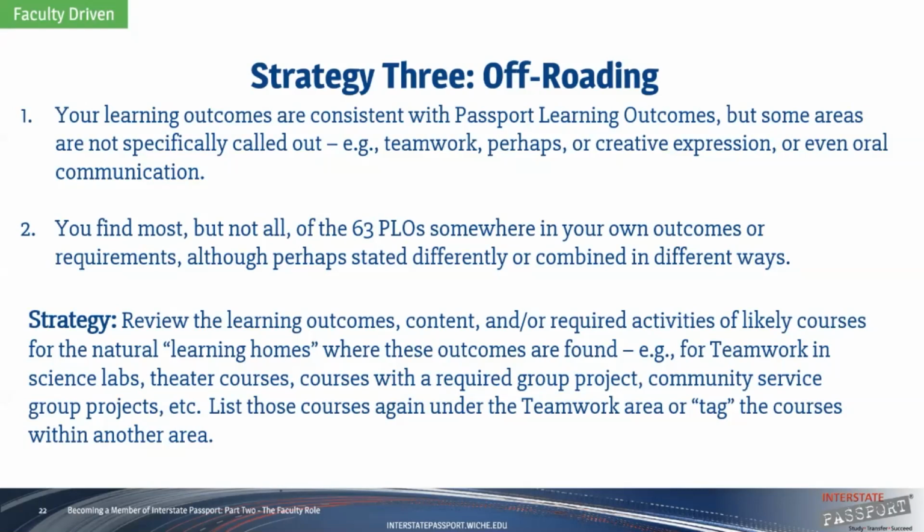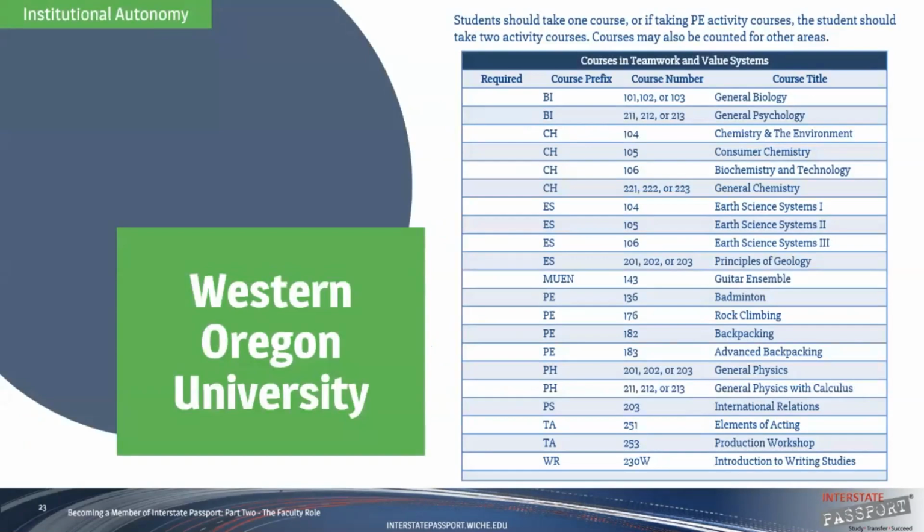For example, for teamwork, many institutions are looking into their science labs, their theater courses with a required group project, community service group projects, and that sort of areas. Then you list those courses again under the teamwork area, or perhaps you tag the courses within the area where they originally appeared. Example of that, Western Oregon University.